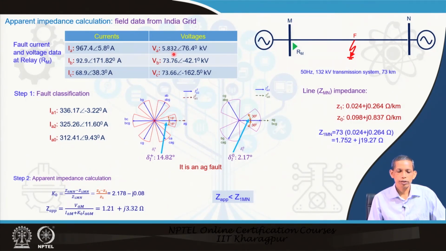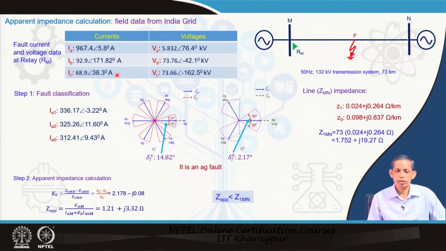VA is pretty small, VB and VC are having 73.76 or so. If you see this fault data, it reveals that it is very likely a phase A to ground fault, but the relay has to decide based on the data.